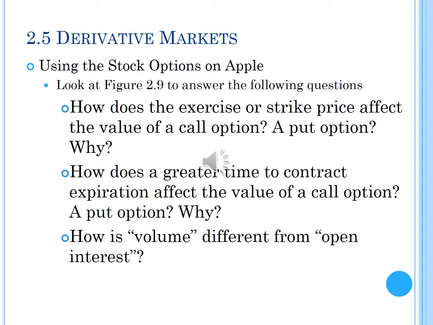So that greatly affects the last price of both call options and put options, of course in both directions. Also, the time left until expiration of the option itself greatly affects the price of the call option and the put option.